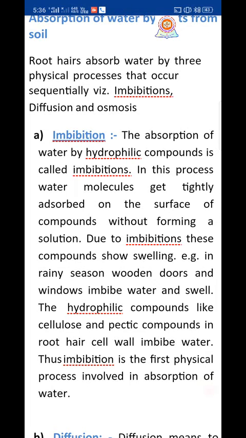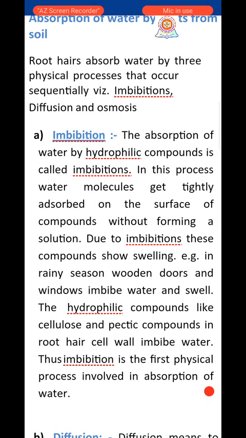The absorption of water by hydrophilic compounds is called imbibition.